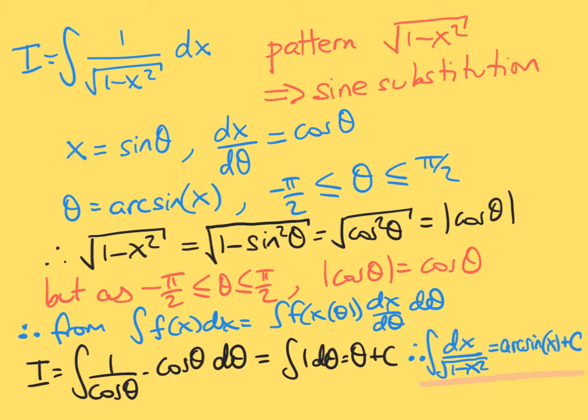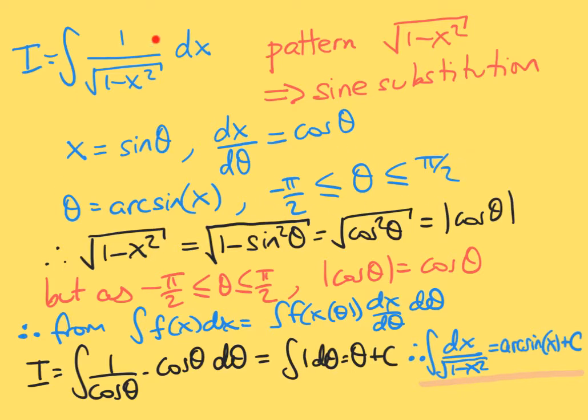Arcsine of x is equal to the arcsine of sine of theta, it's theta. And the key thing that we identify here is that the arcsine function is defined for an angle between minus pi over 2 and pi over 2. So theta has this range.